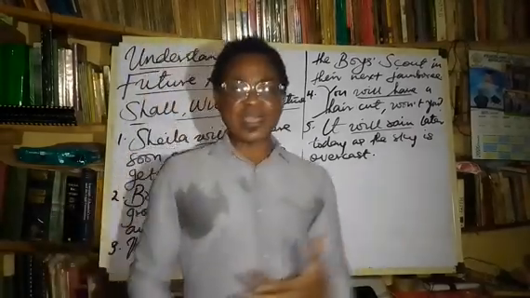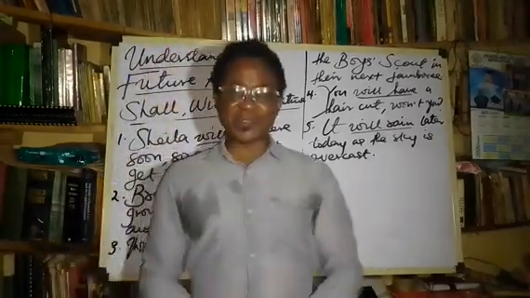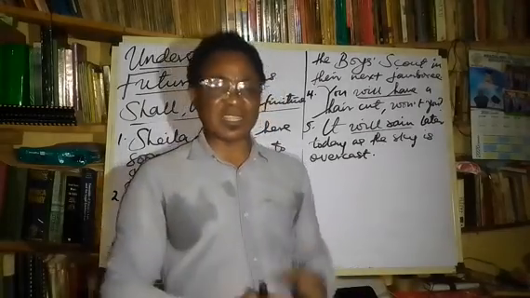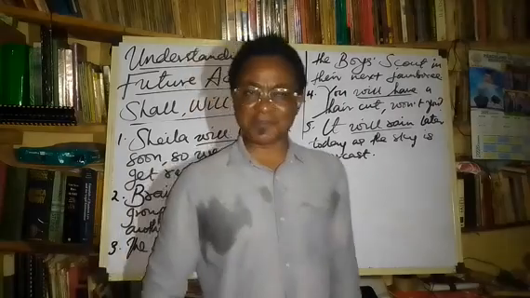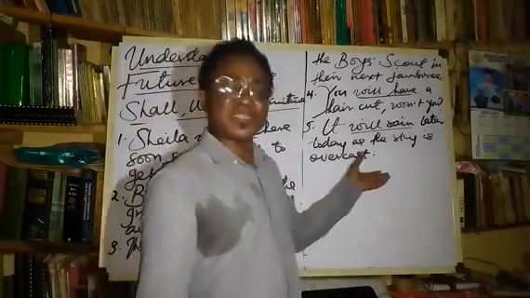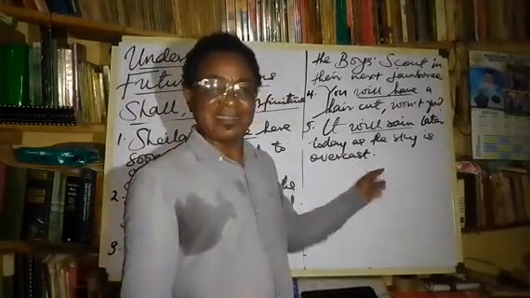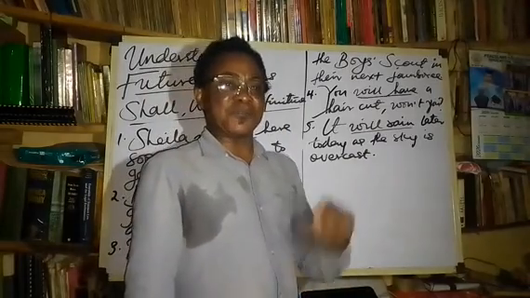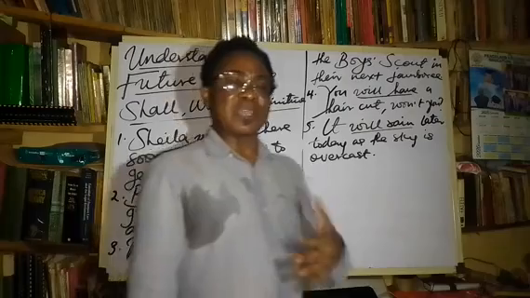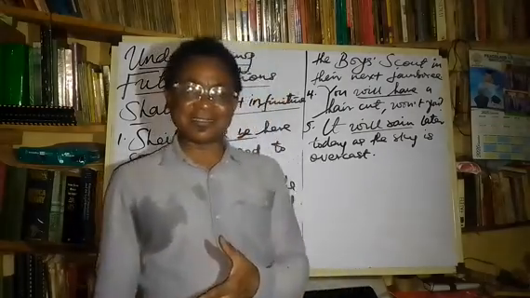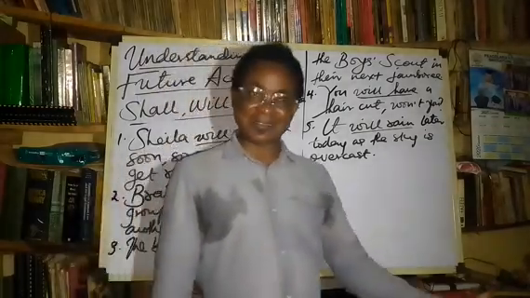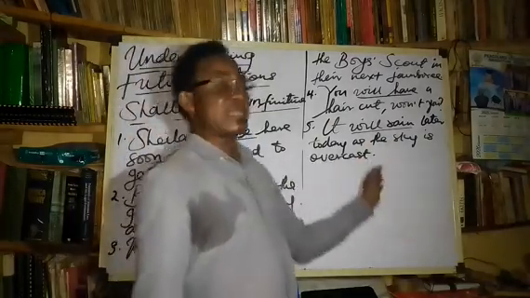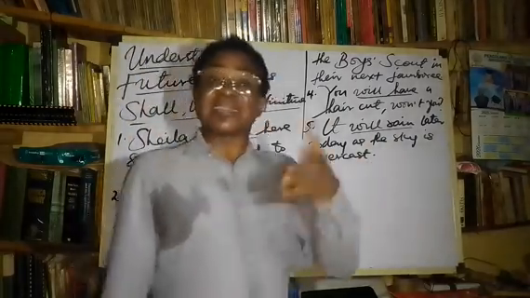The speaker has made this statement on the basis of what he or she has observed in the sky. The sky is overcast gives the speaker the inkling that it might rain. So when he says it will rain later today, he is not making a statement of fact.